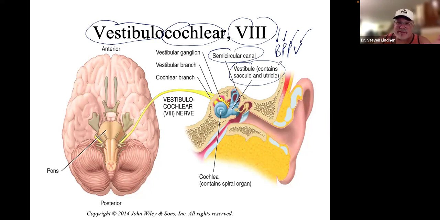This is a predictable type of vertigo. The key word is positional. It's based on the position of their head that triggers it. If it's positional, it's fixable. It doesn't take long, only a few minutes.